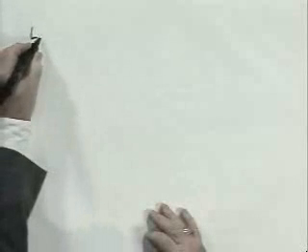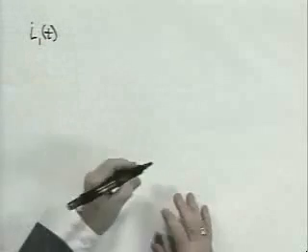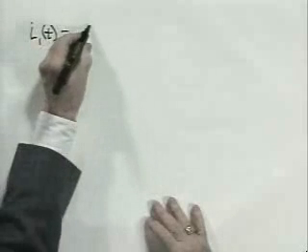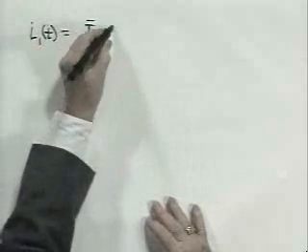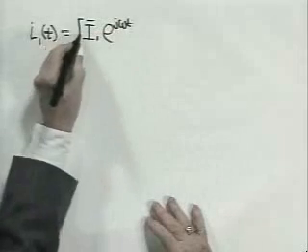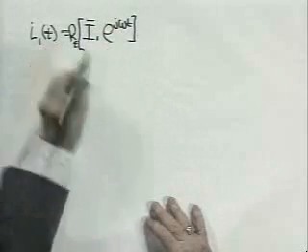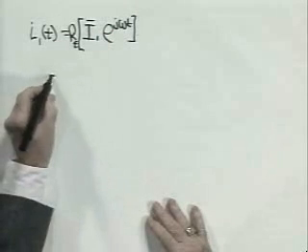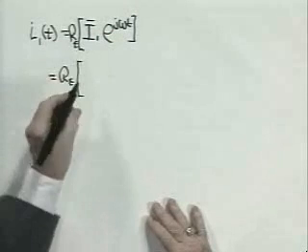If we want I1 of t, the time function that corresponds to the complex amplitude I1, then we multiply that complex amplitude, I1 complex number, times e to the j omega t, and take its real part. Take the real part of that complex number. All right, let's do it. I'm taking the real part of I1.